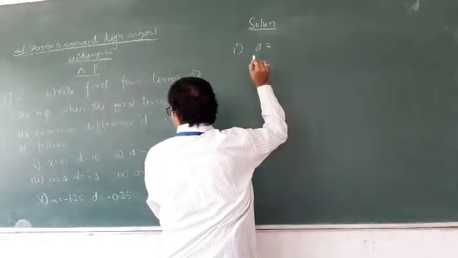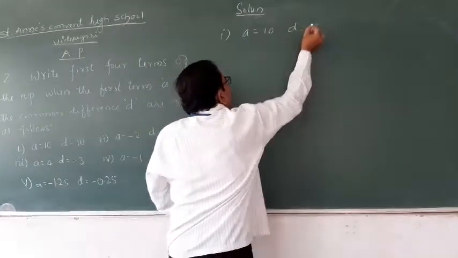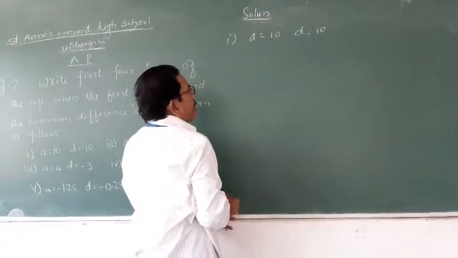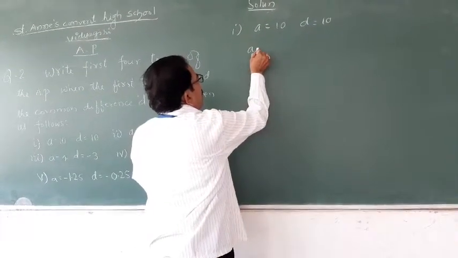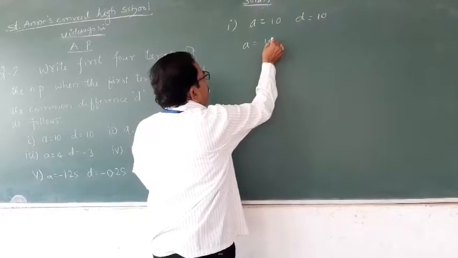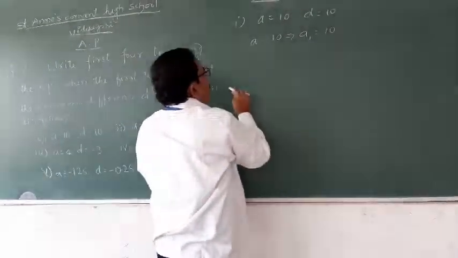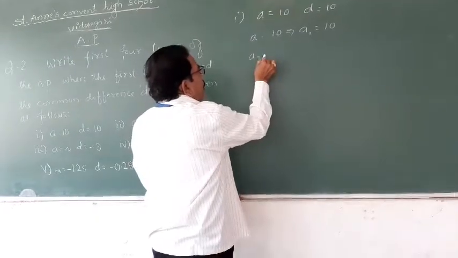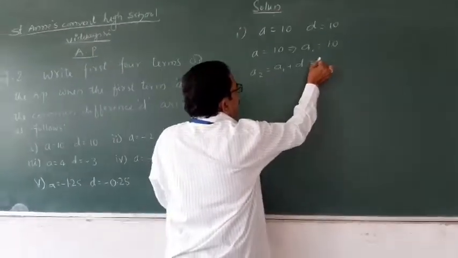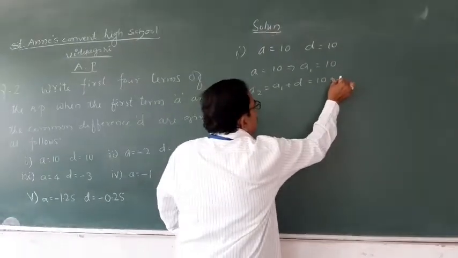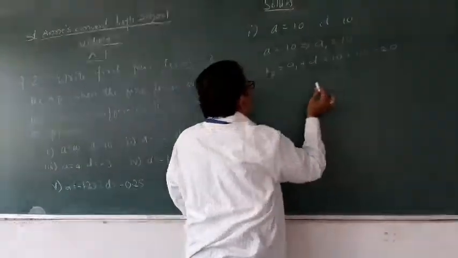A equals 10, D equals 10. Let us find the first term. A equals 10, that implies A1 equals 10. Then A2 equals A1 plus D, that is 10 plus 10, that is equal to 20.